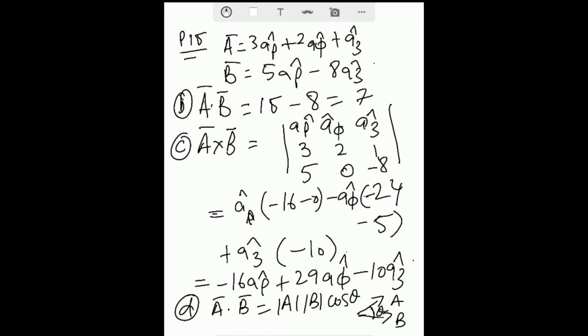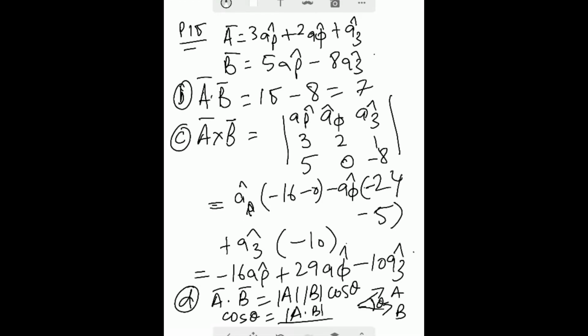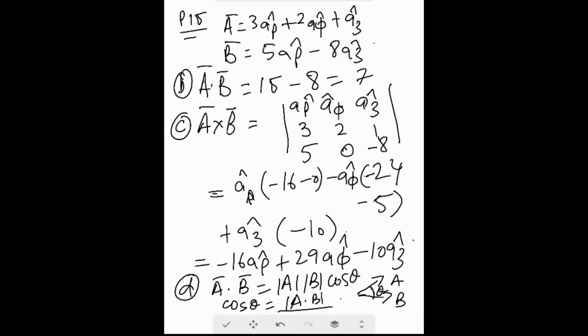So cosine theta is just A dot B divided by the magnitude of A and the magnitude of B.